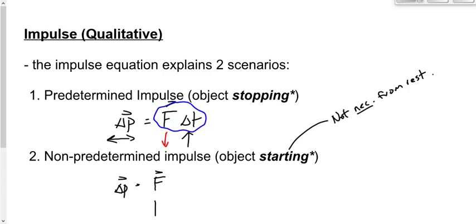If you increase the force, then the impulse goes up. Impulse and force are related to each other. In the last one, they weren't, right? The impulse was the same no matter what. No matter what happened to the force and time, the impulse stayed the same. Now, impulse and force are related to each other. Increase force, increase impulse.